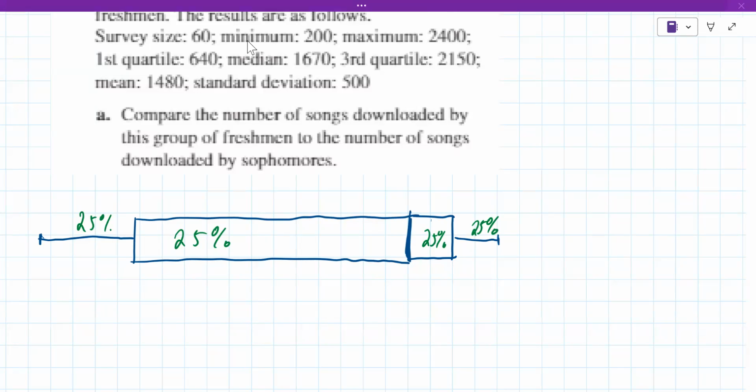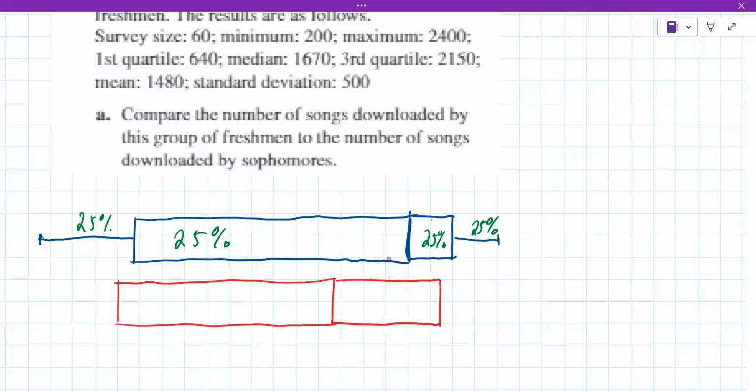Let me try my best to graph it, 1670 right there, and 2150-ish right there. First quartile 640, about there. The minimum is 200, which is pretty low, and the max is 2400, right about there.